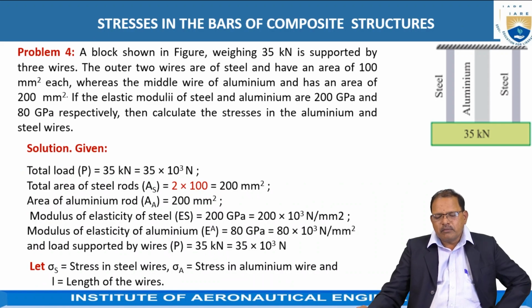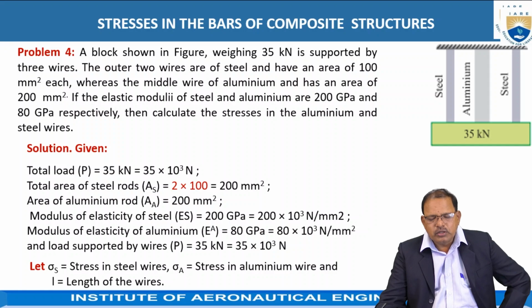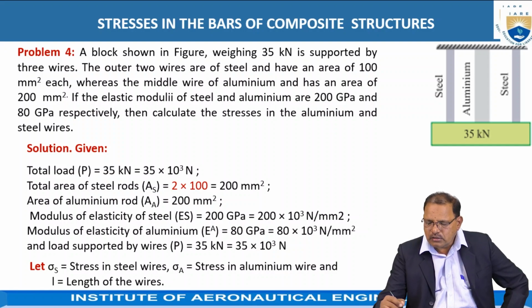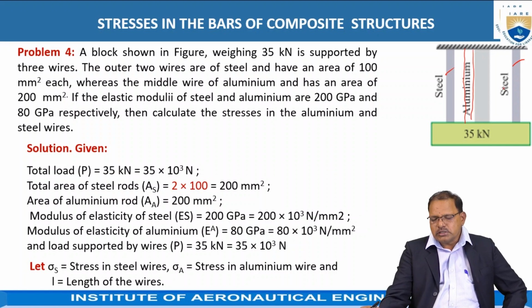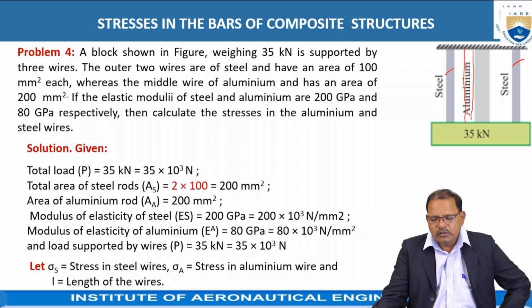So we are taking one problem based on composite bars here. A block shown in the figure, weighing 35 kilonewtons, is supported by 3 wires: one aluminum and 2 steel, as shown in the figure.